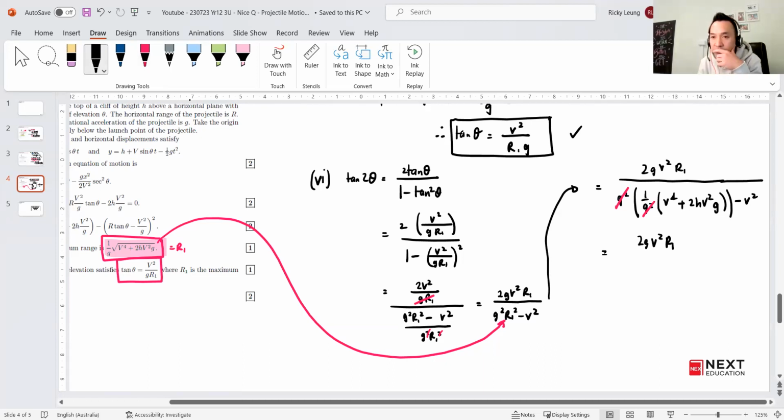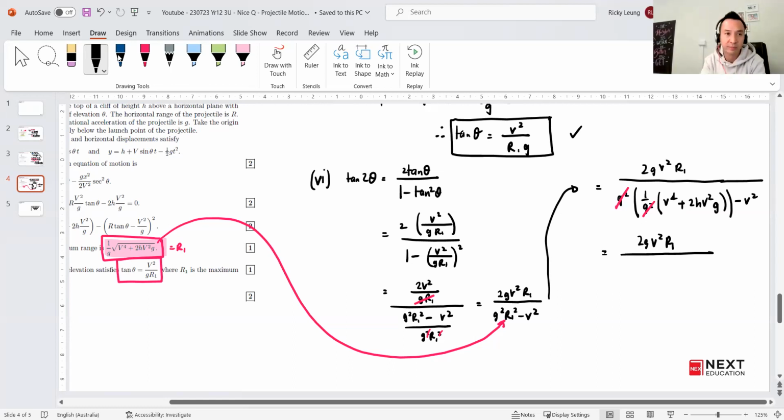And on the top, I can factorize v squared out. Now I was expecting this to cancel out, but let me see. If I square that, it should be fine. Sorry, if I square that, it becomes v to the 4.